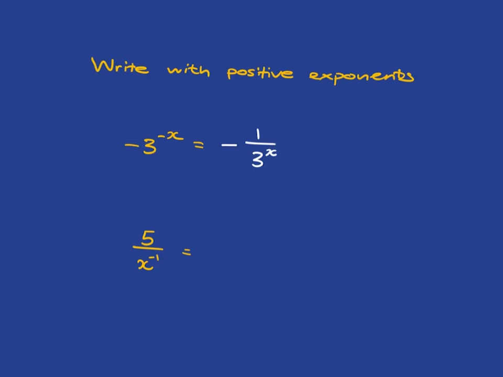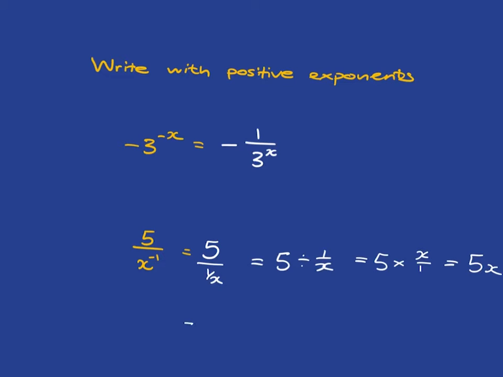And in this case here, we've got a 5, and then we've got x to the power of negative 1 at the bottom. So you know that that is 5 over 1 over x, which is 5 divided by 1 over x, which is 5 times x over 1, which is just going to be 5x.